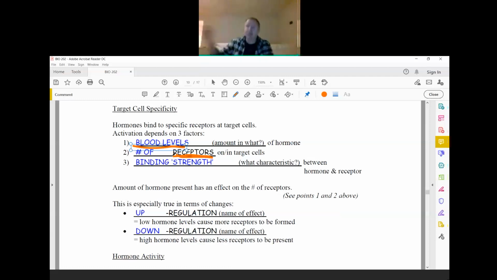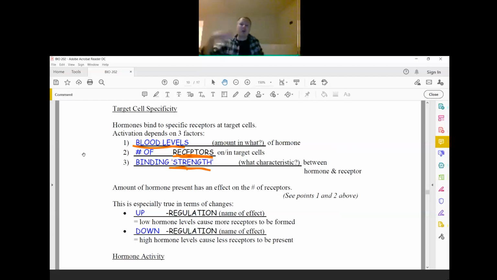Or if we have lots of hormone, but there are no receptors for it, it's not going to work very well. And also how tightly this hormone and receptor will connect. You remember it needed to be a key and lock mechanism, so a perfect fit. But how tight that fit is will also have an effect. So all of these three factors play a role in the effect of the hormones.